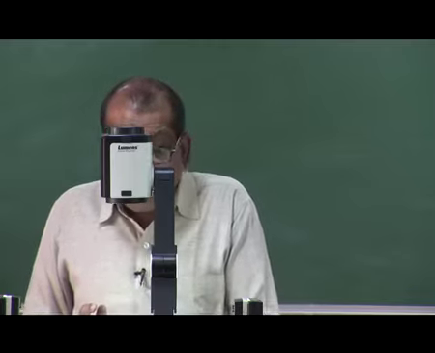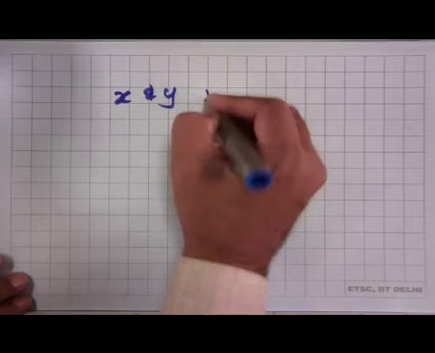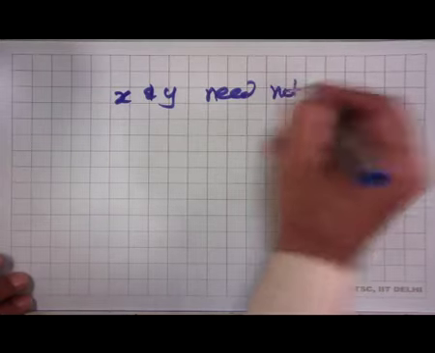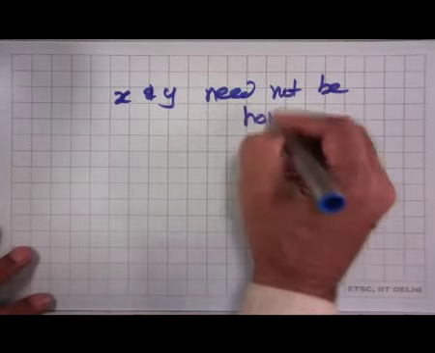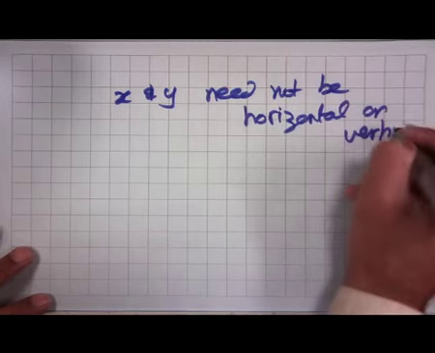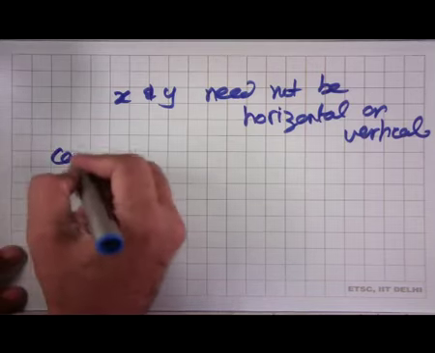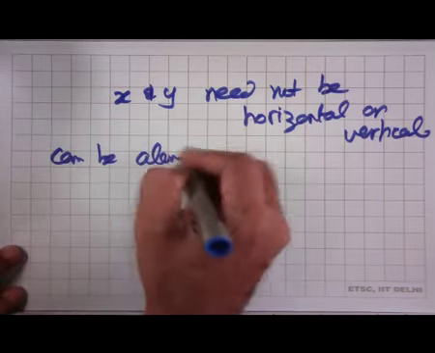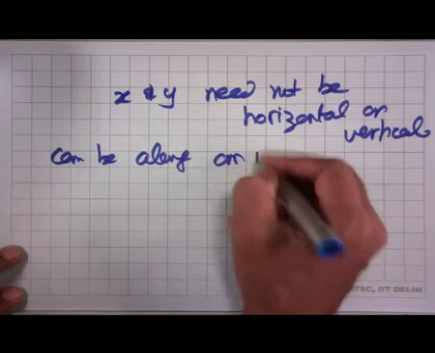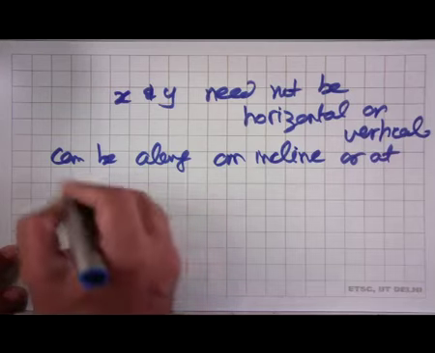That is one thing. And secondly, x and y need not be along horizontal or vertical. They can be along an incline or at an angle.